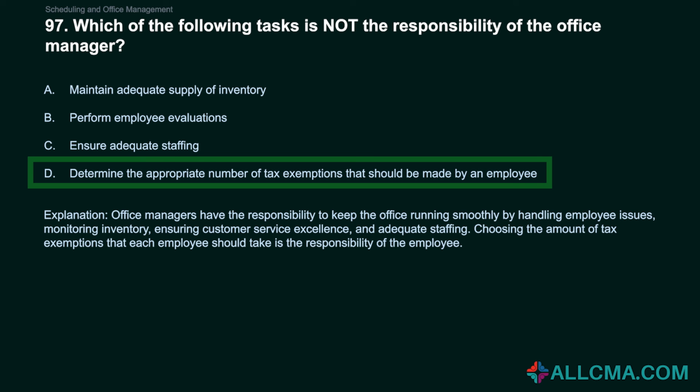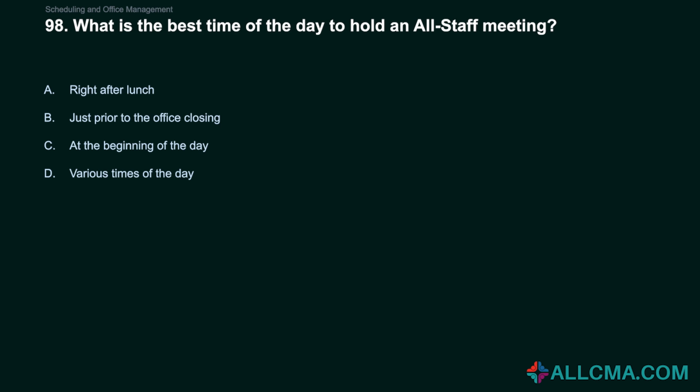Office managers have the responsibility to keep the office running smoothly by handling employee issues, monitoring inventory, ensuring customer service excellence, and adequate staffing. Choosing the amount of tax exemptions that each employee should take is the responsibility of the employee.